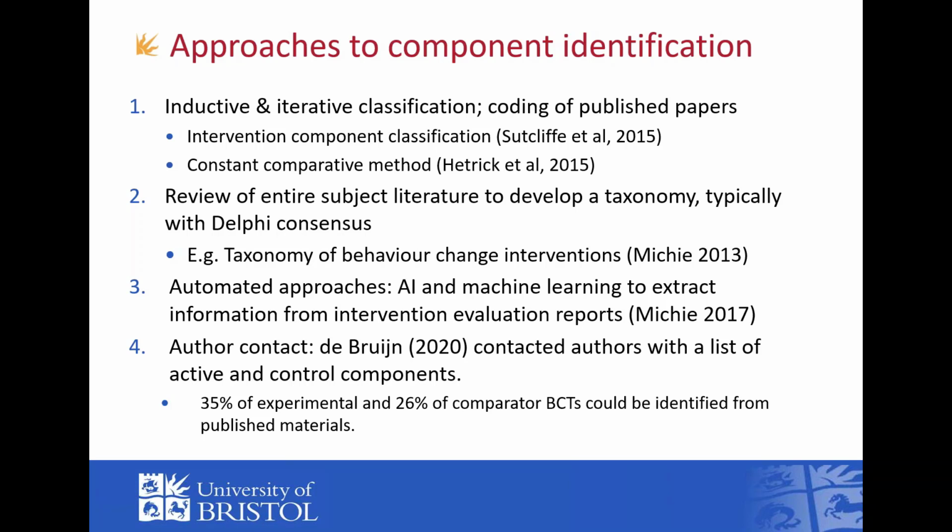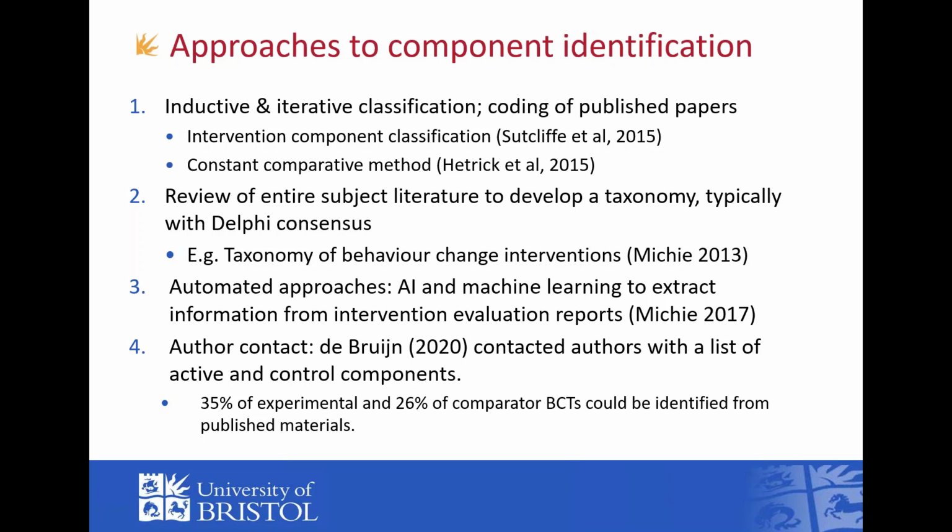And then more recently there is a project, the behaviour change project based at UCL in the UK, which is looking at using artificial intelligence and machine learning approaches to identify the components.